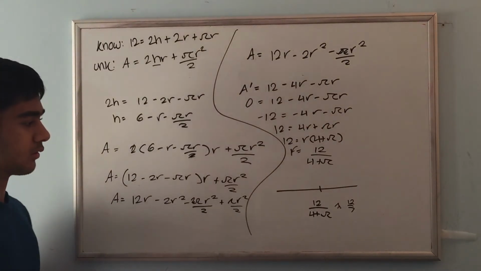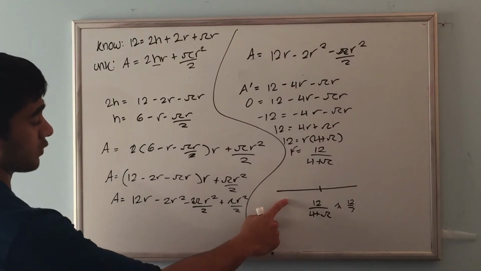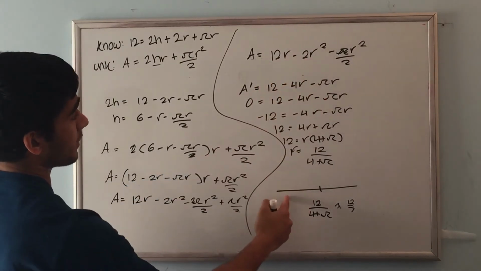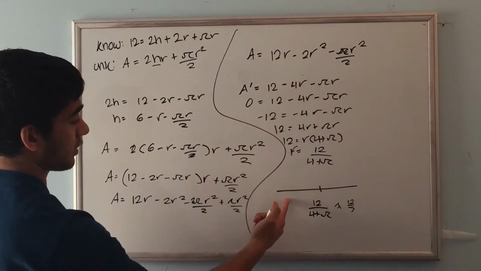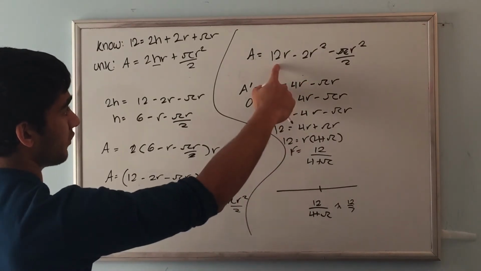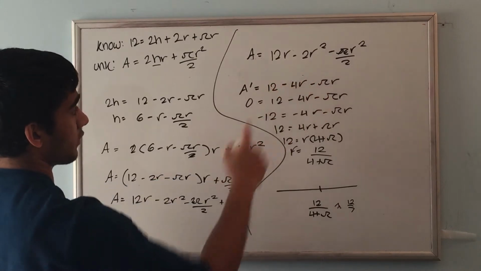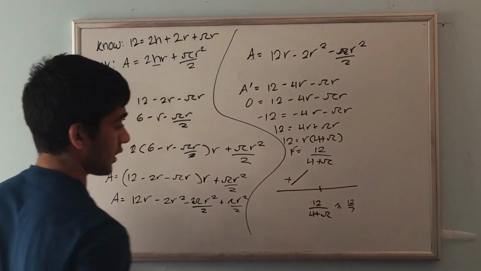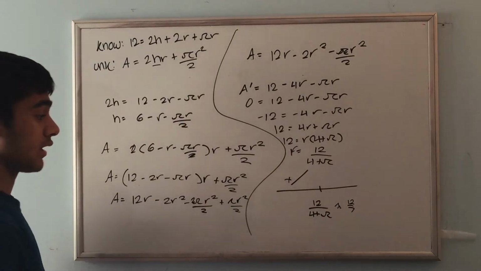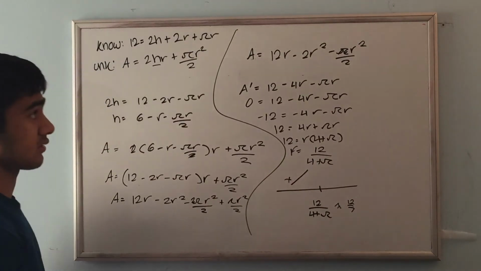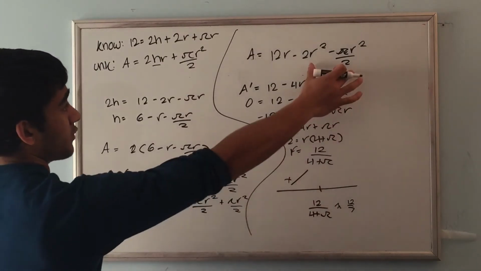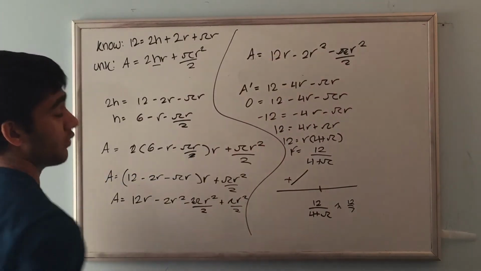So if you pick a point left of that, like 0, and we plug it in here, notice that we get all zeros. Let's not pick 0, so let's pick like 1. If you pick 1, we get 12 minus 4 minus pi, and that's a positive number, so we get an upsloping line. And if you pick a number right of 12 over 4 plus pi, let's take like 15 for example, notice that the negative terms will be much bigger than the 12.